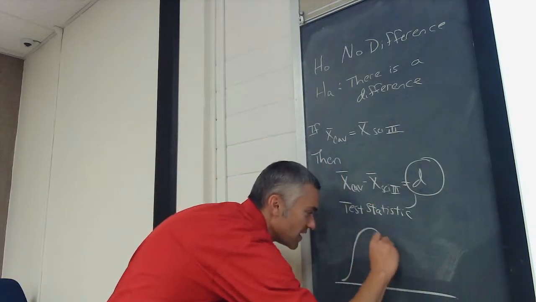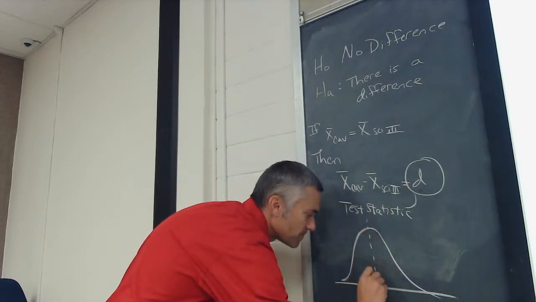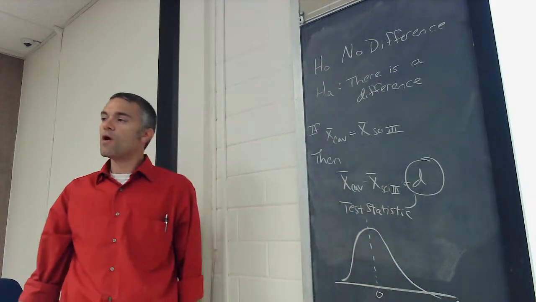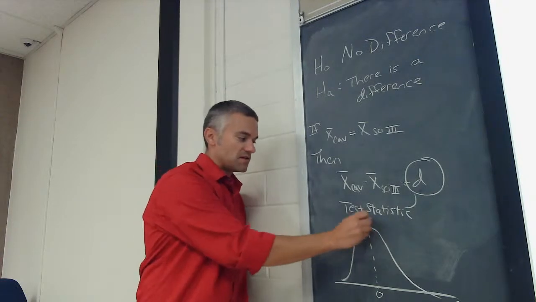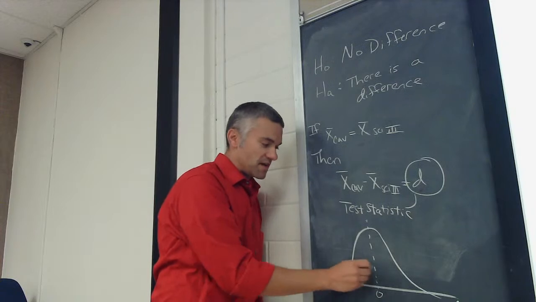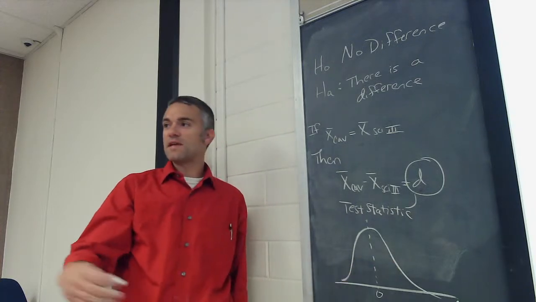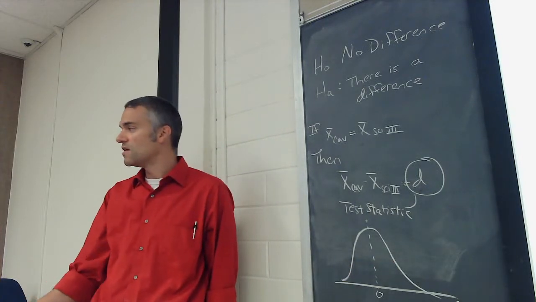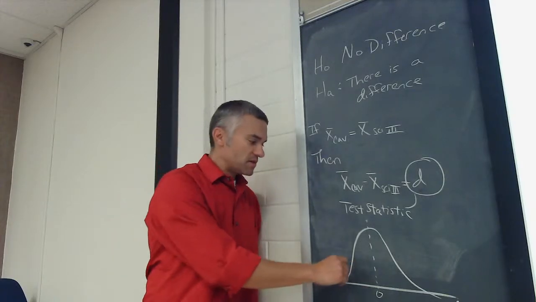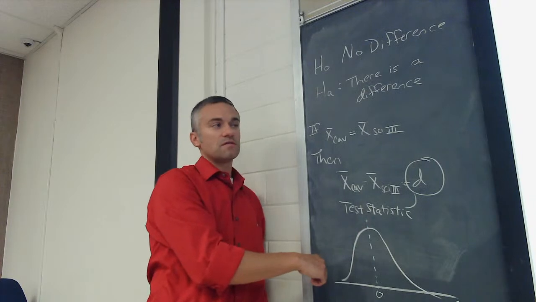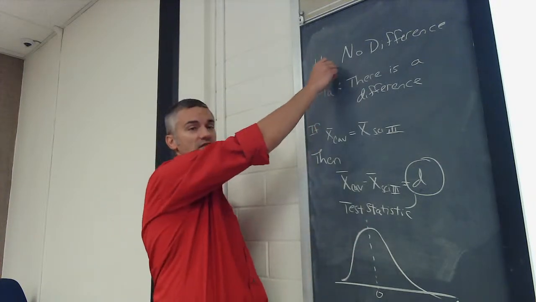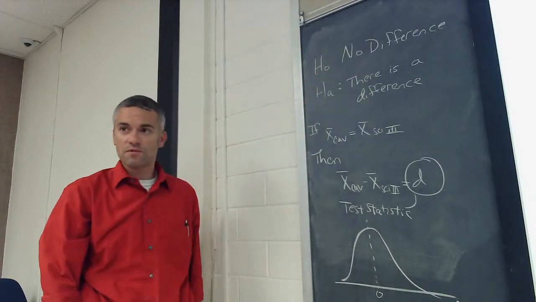And what we would get then is a histogram of D's, where most of the D's are centered at zero, with no difference, but you have the chance of getting some of these extreme values, where maybe cabinets is larger than science 3, or science 3 is larger than cabinets. This represents our null distribution. It's all the possibilities of our test statistic under the assumption that the null hypothesis is true.